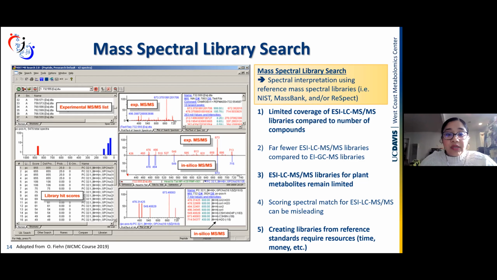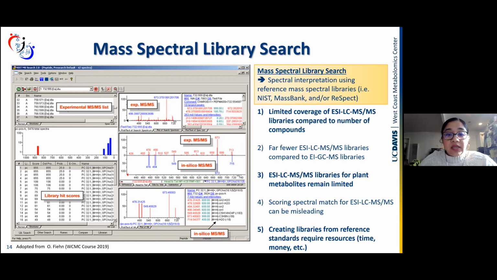And then scoring spectral matches is still in the works. We've done a bunch of research here at the Phen Lab that points in the direction that those scores that we see to justify if a compound is correctly identified or not can be misleading at some points.